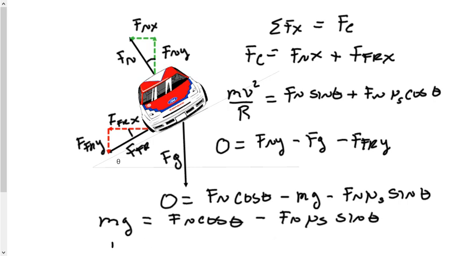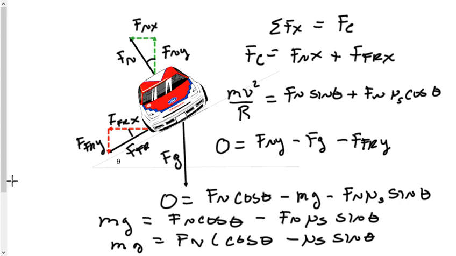And then I've got mg is equal to, let's factor force normal out. So force normal, and that's going to be multiplied by cosine of theta minus mu s sine theta. Okay, and that will do it for the moment.